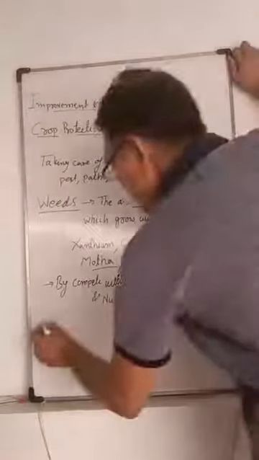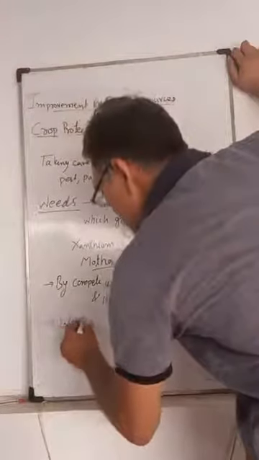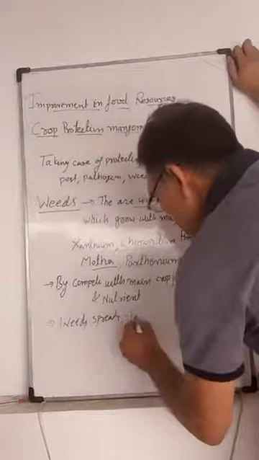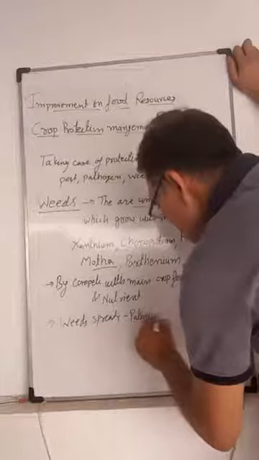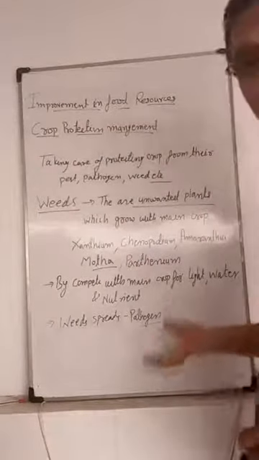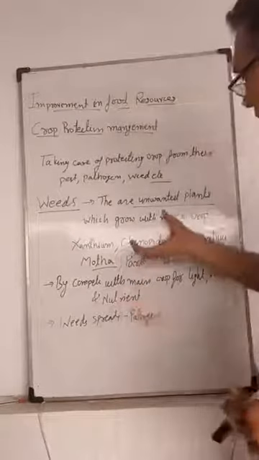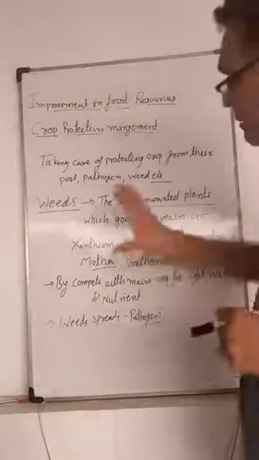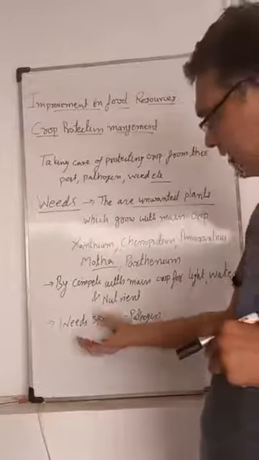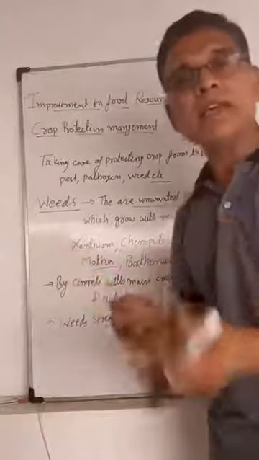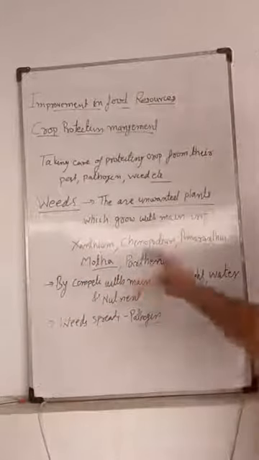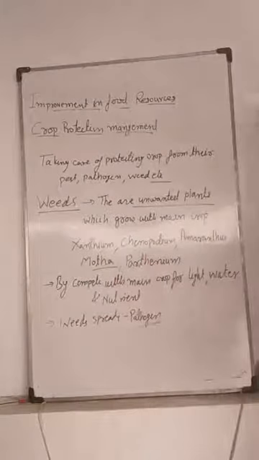Weeds spread pathogens, that is disease causing agents. How do they spread? Weeds are alternative hosts of these pathogens. Whenever the main crop is not there, the pathogens live on these weeds, and whenever the main crop is there, they transfer the disease-causing agent to the main crop.